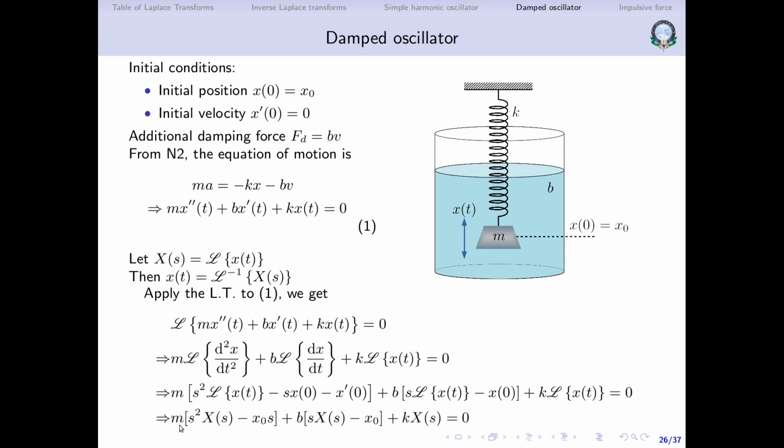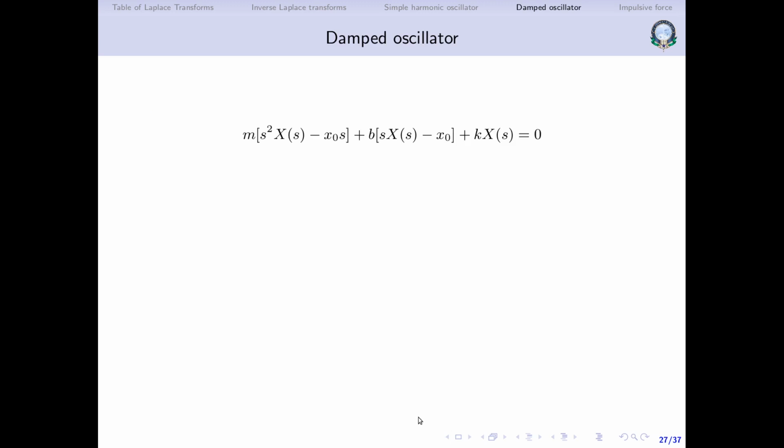So in 3 different places. So we have m s squared capital X minus s x naught, and this will be 0, plus b times s capital X minus x naught, plus k times capital X. This must be equal to 0. So this is the equation that we got. As before, we collect all the capital X terms together.